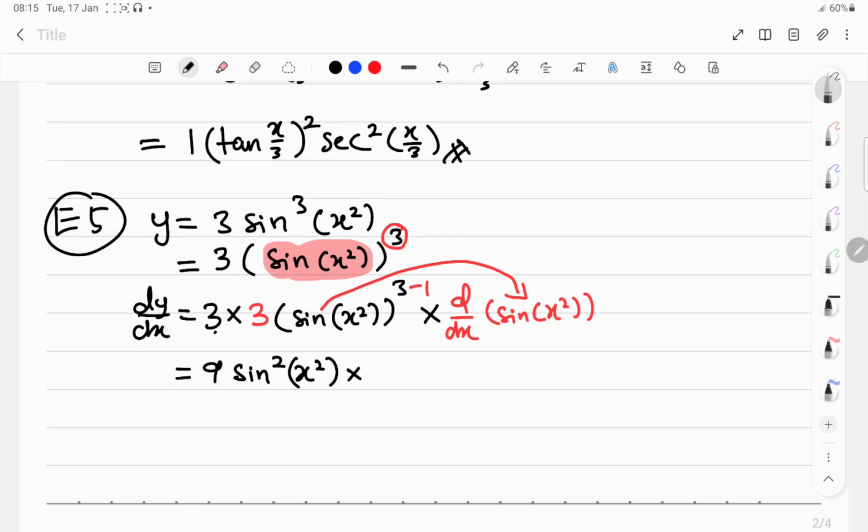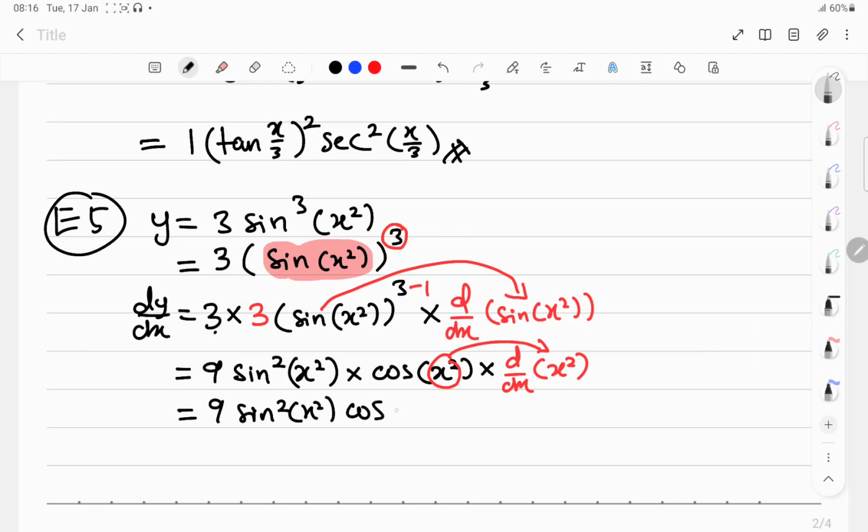Sine differentiates to become cosine x squared. Multiply by differentiation of what? Differentiation of this f(x), the one inside the bracket, so x squared. So what we get? 9 sine squared x squared cos x squared multiply by 2x.